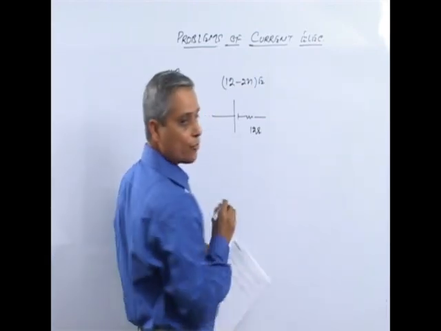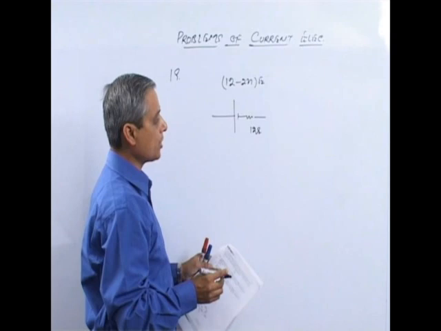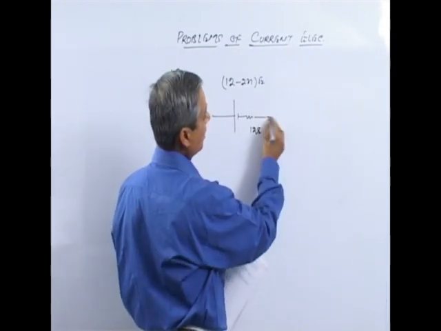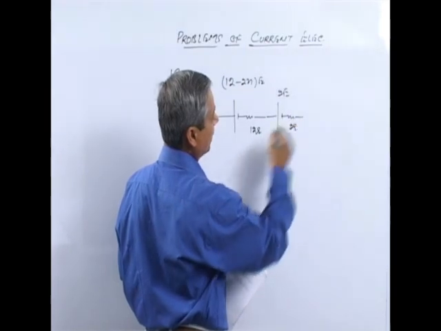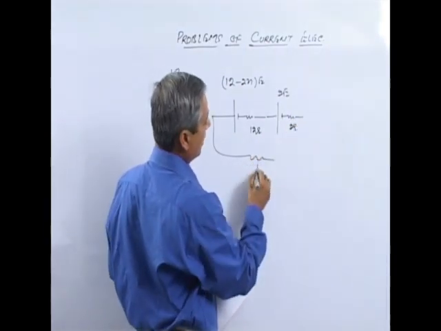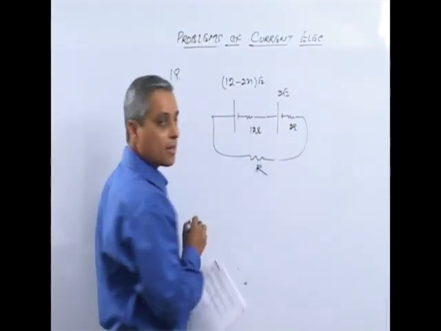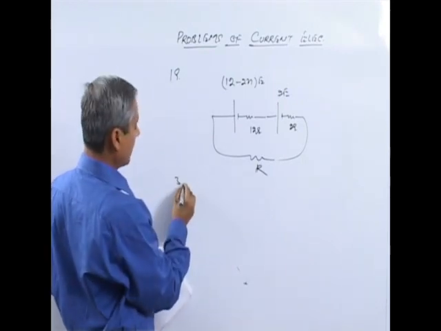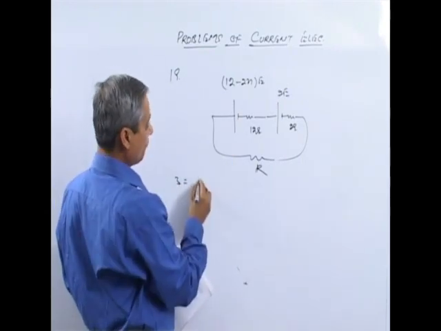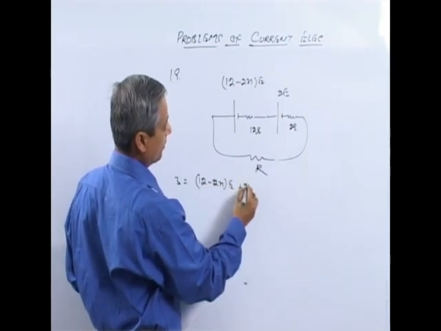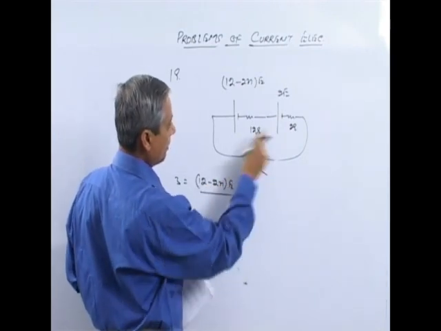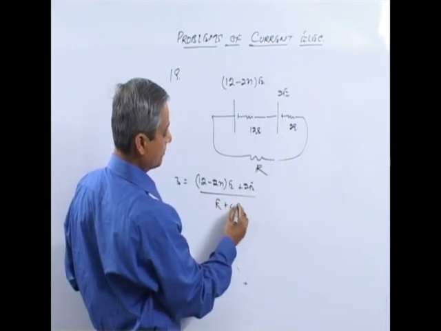Then you have two situations. In the first situation, you have two cells helping it, that is 2E and 2r, and then some external resistance R. So current is 3 ampere, which is total EMF (12 minus 2n) into E plus 2E divided by R plus 14r.